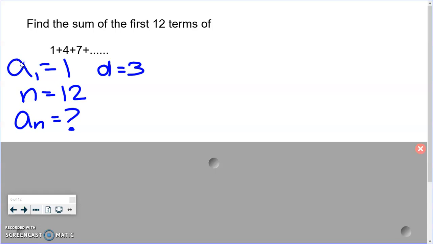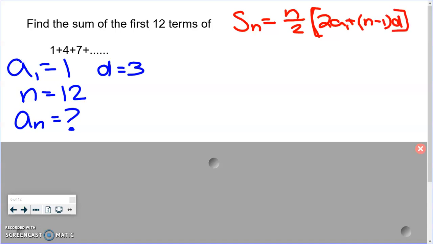To remind you of the formula we saw on the previous page, S sub n equals the number of terms divided by 2, and then in brackets, 2 times the first number plus the number of terms minus 1 times the difference. And now we can fill in what we know.